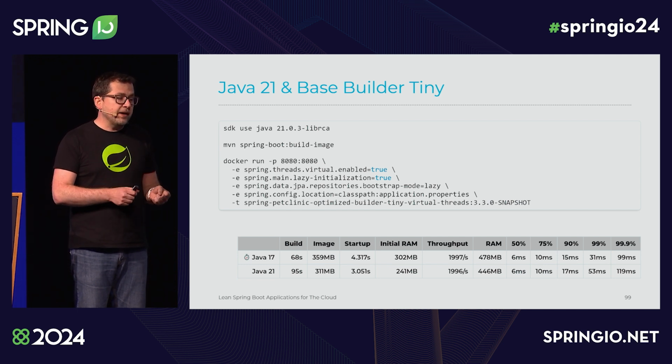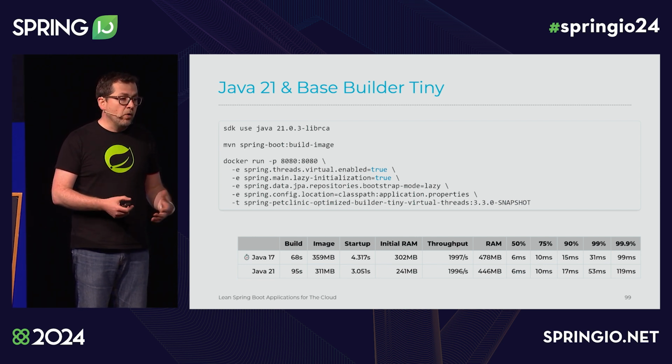There we can have a beefier JDK, and we can turn on virtual threads. As you can see here, the startup time optimization is still more than 1 second, almost 1.5 seconds, and memory is also still way better than the baseline.